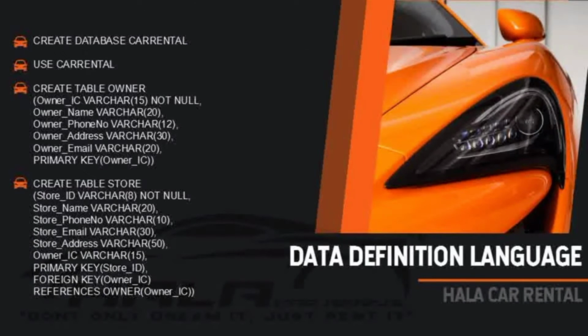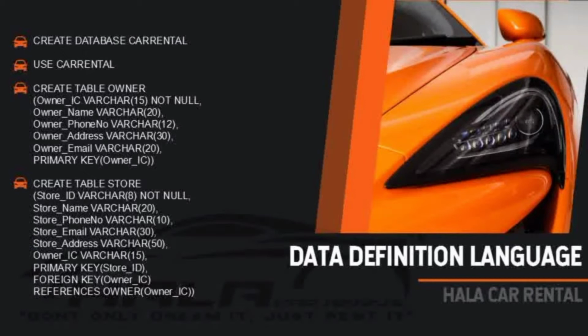In this section, I will explain how our company creates a database called car rental from the ERD that has been shown before. First of all, before we insert the create table command, we need to create a database called car rental and insert the use car rental command to activate it. Next, we create the first table, the owner table, with the create table owner command.